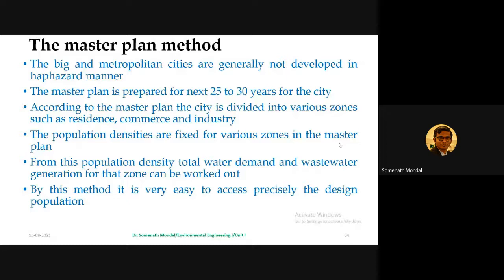So everything is planned way before it is constructed, and that is why you have all the data, and from that data itself, you would be able to forecast the population. So this is one of the very efficient methods in terms of practical applicability.